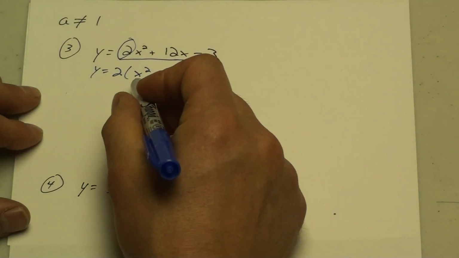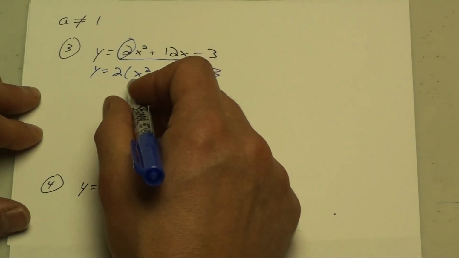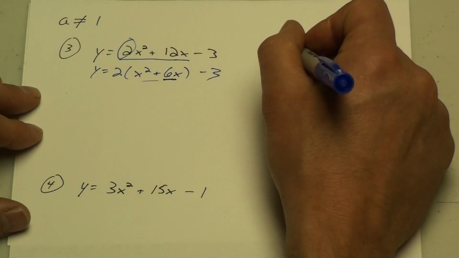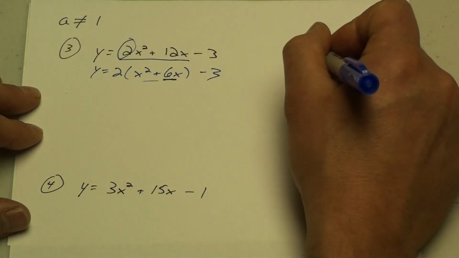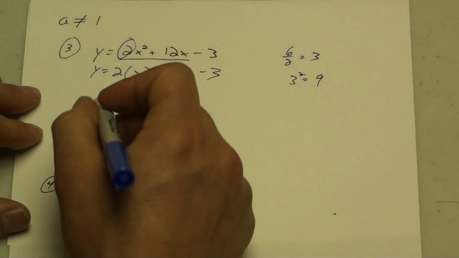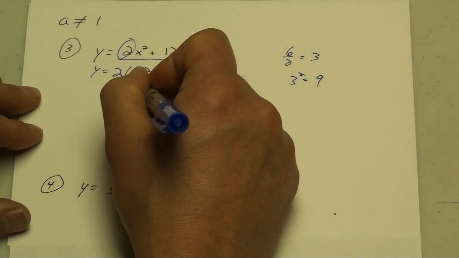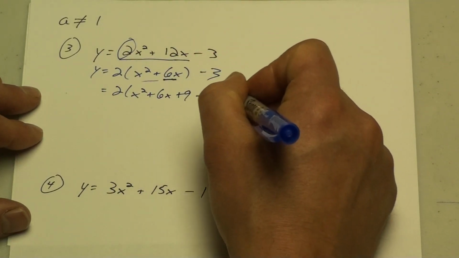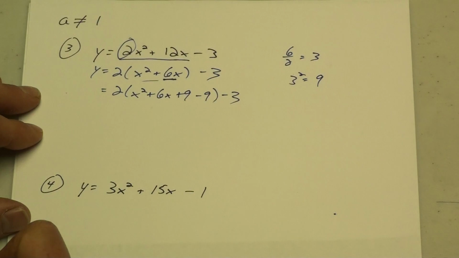Now I'm going to complete the square like I did previously, just inside the brackets. So I'll take the second term here, which is just the 6, cut in half, which gives me 3. 3 squared is 9. Now I'm going to add and subtract that 9. Plus 9 minus 9, just like you did before, minus 3.